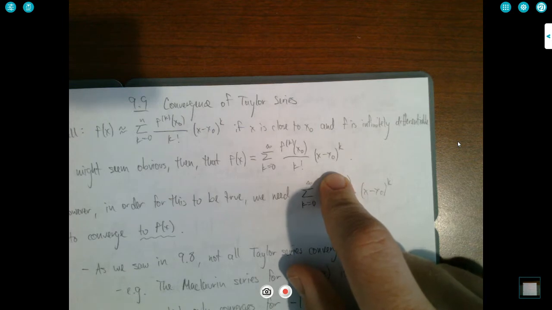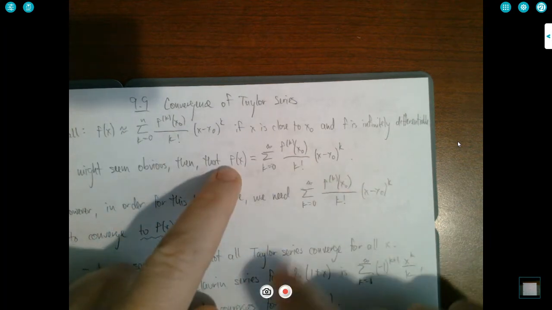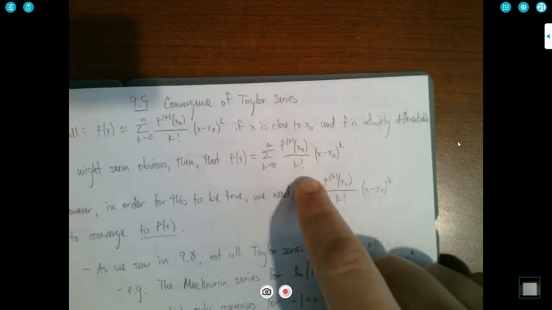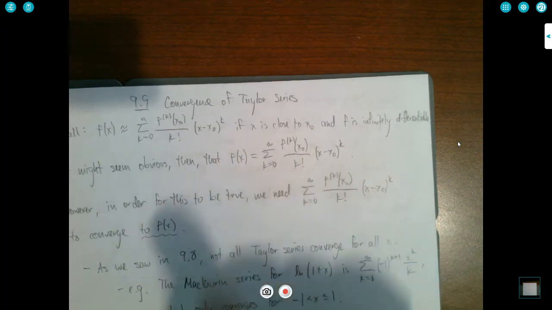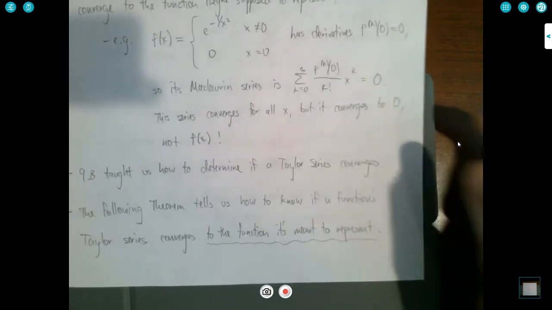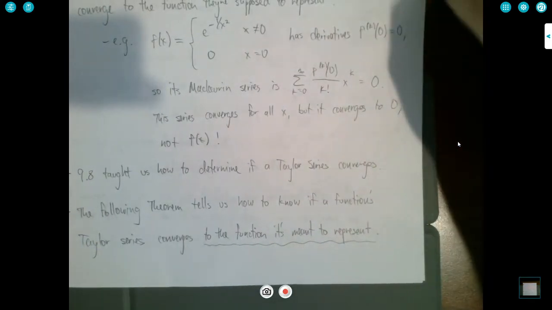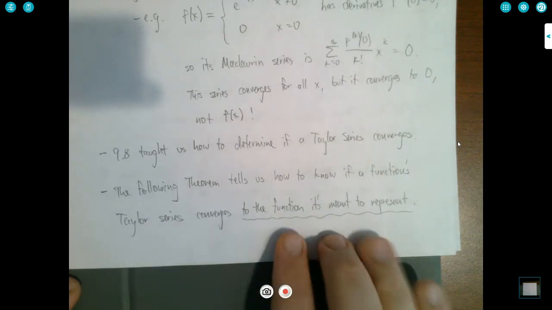But how do we figure out what it converges to? Because in order to say that f of x equals this thing, you have to establish that this converges and that it converges to f of x. Well, the following theorem is going to tell us how to know if a function's Taylor series converges to the function that it's meant to represent.